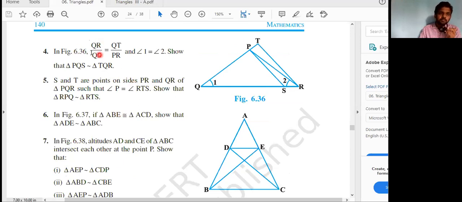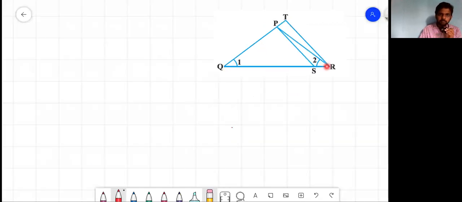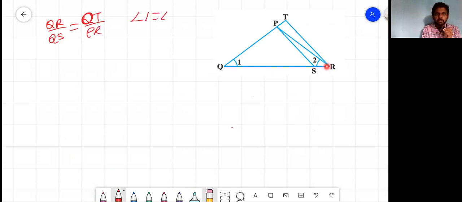So fourth one, we have QR by QS is equal to QT by PR. So I can take this diagram in the, just a minute. So you have QR by QS is equal to QT by PR, and also you will have angle 1 is equal to angle 2.